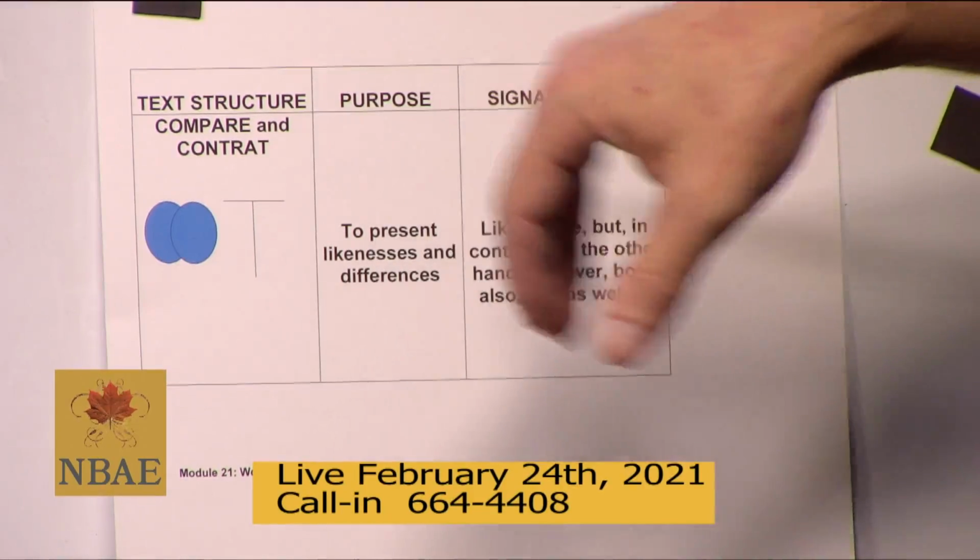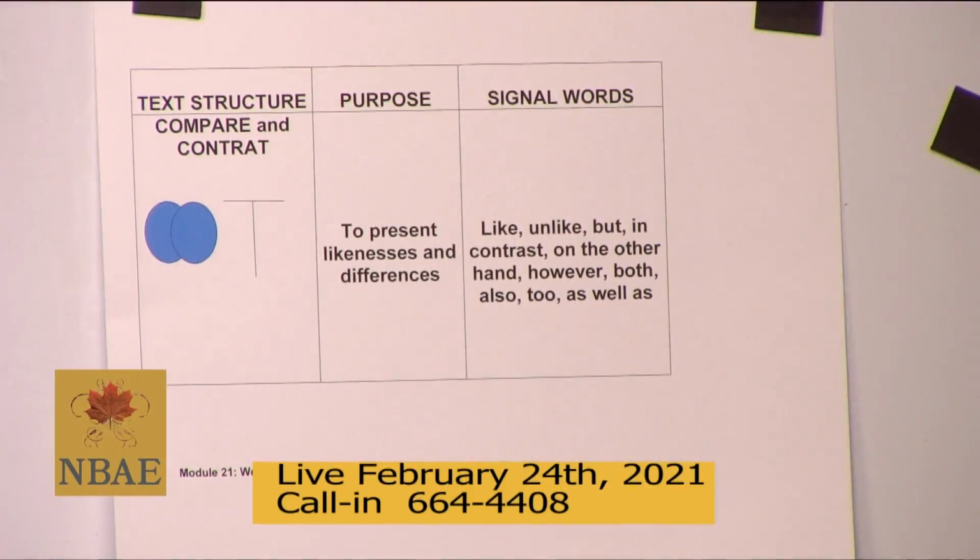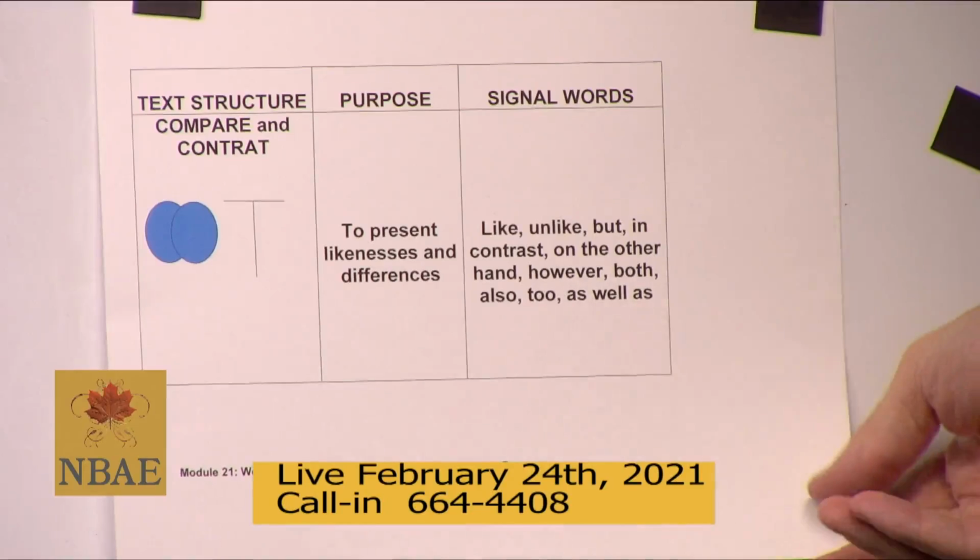The other one is just a simple T-square. You just draw a T down the middle of a paper, similarities, differences, and you list the similarities and differences on either side of the line. That can be helpful in just creating your thought process for your essay, or even in reading, figuring out the differences and the similarities between two things.